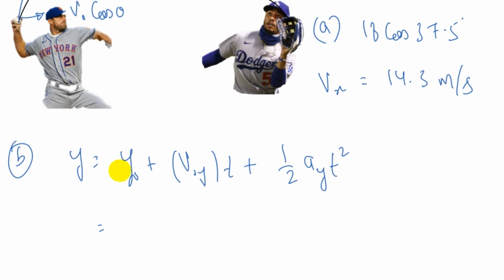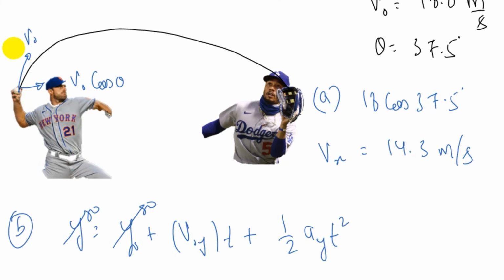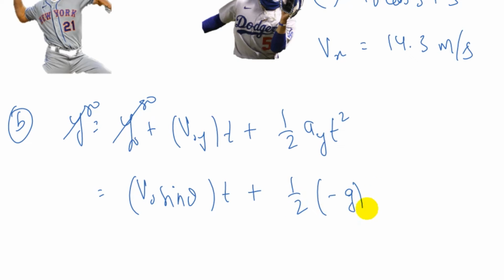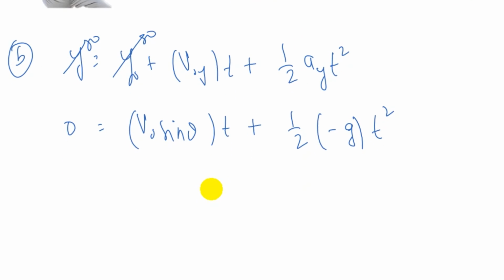So y naught is 0. This is also 0 because we have taken this to be our origin. This is the initial point. Y naught is 0, and y here is also 0, and v naught y is v naught sine theta times t plus 1 over 2 a y, which is minus g in this case, times t squared, and that equals 0.